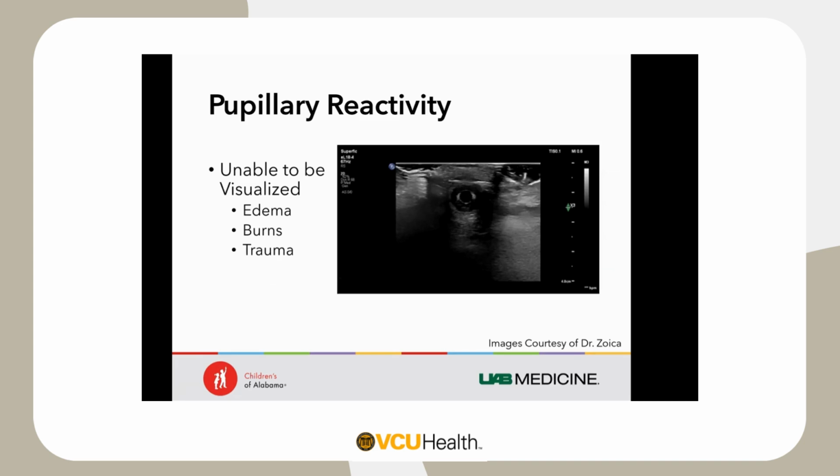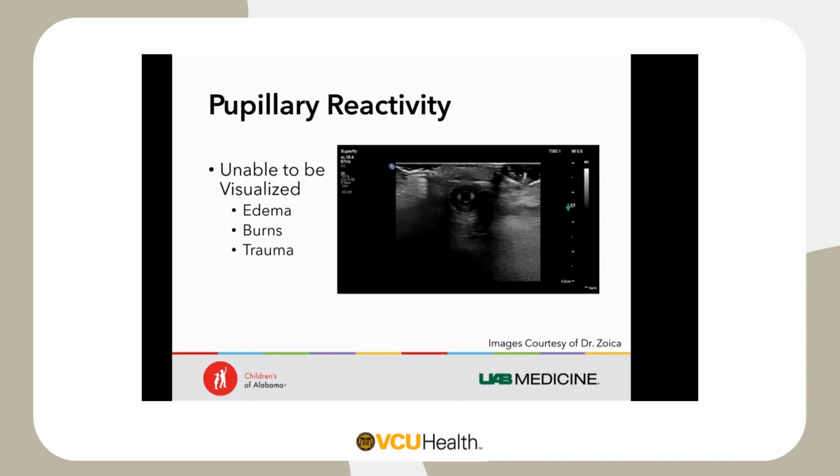And then moving on to another good use of ocular ultrasound, pupillary reactivity. Especially in the ICU, we have a good handful of children that come in who just have really severe edema, really terrible burns, really bad trauma, when there is no way that we can get a direct visualization of the pupillary reflex.